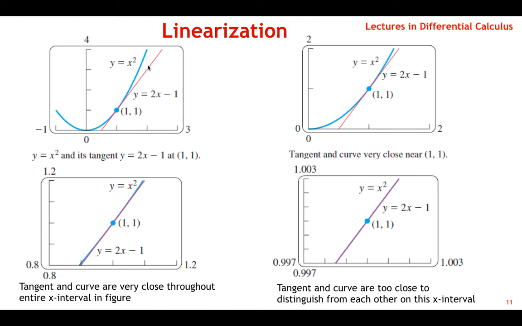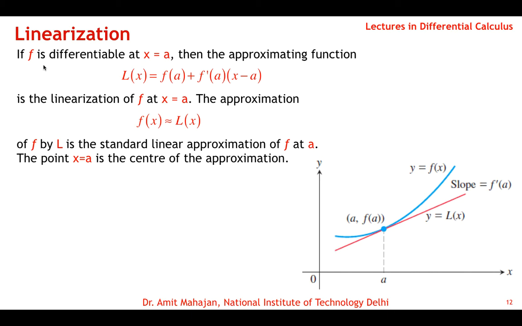So that means the function values on the curve can be approximated using the tangent, but only in the small neighborhood of where the tangent is drawn. We call it linearization. Mathematically, if a function is differentiable at x equals a, then the approximating function L of x is equal to f of a plus f dash a into x minus a.